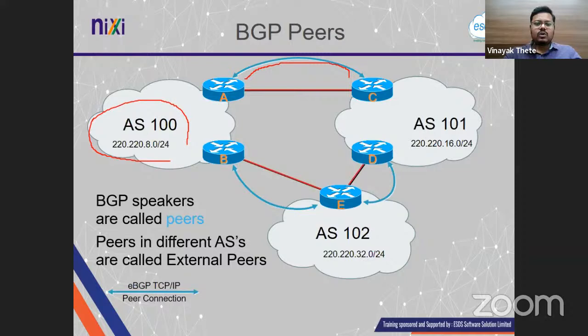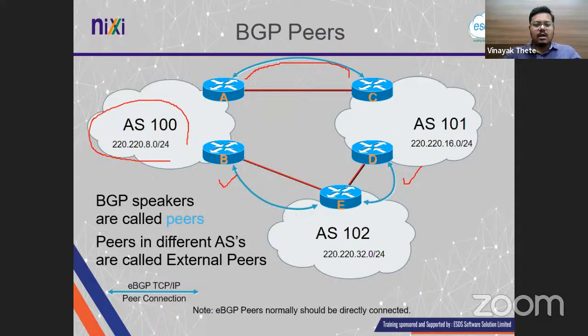Okay. So same for B2E and D2E. These are also external peers, as the peering is done between two different AS numbers. So these are called external peers.